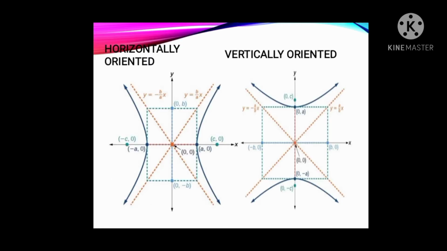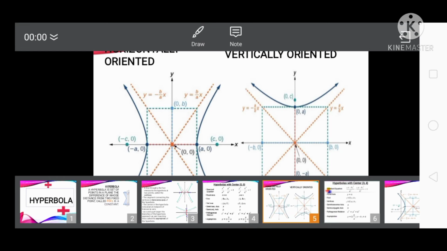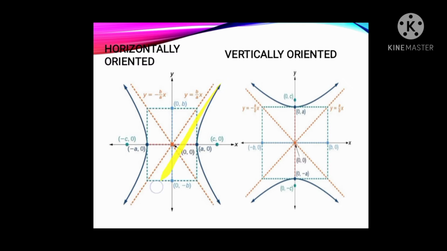This is what we call the graph for the horizontally oriented and vertically oriented hyperbola with the center at 0, 0. This is its graph, showing the center, the vertices, the asymptotes, the transverse axis, and the foci.